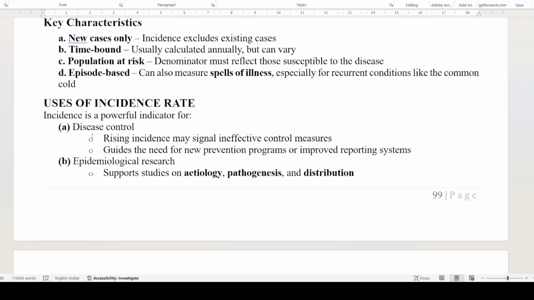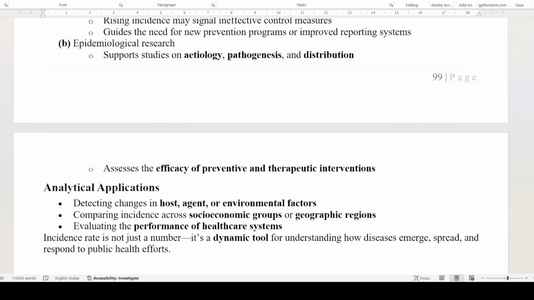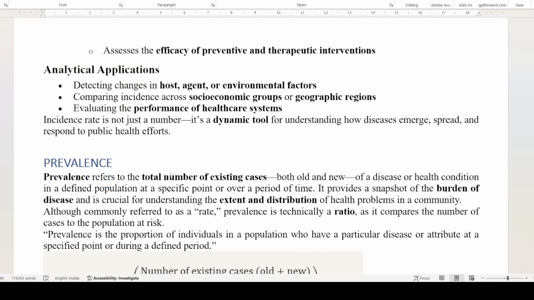So it is a powerful indicator for controlling the disease, for having the research studies where we can study the pathogenesis, distribution of disease, efficiency of preventive therapeutic interventions, etc. So analytical applications means it can detect the changes in host, agent and environmental factors.